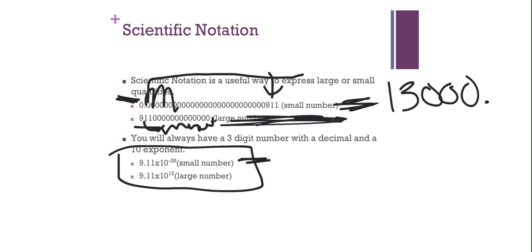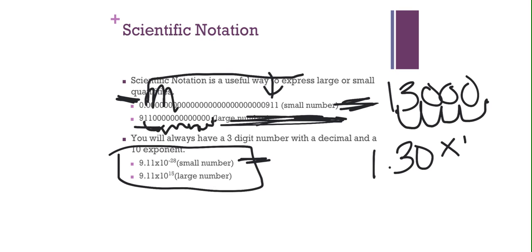So here's my decimal, 1, 2, 3, 4. That means I have 1.30 times 10 to the positive 4. I know it's a positive 4 because this is a very large number.